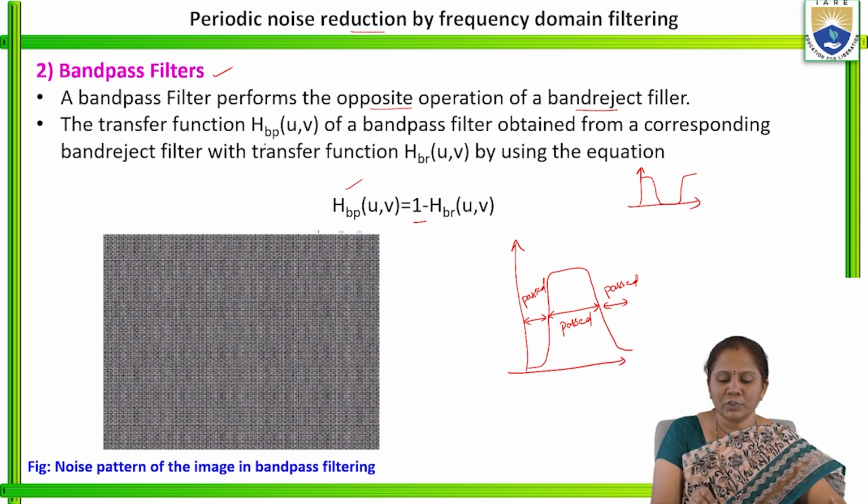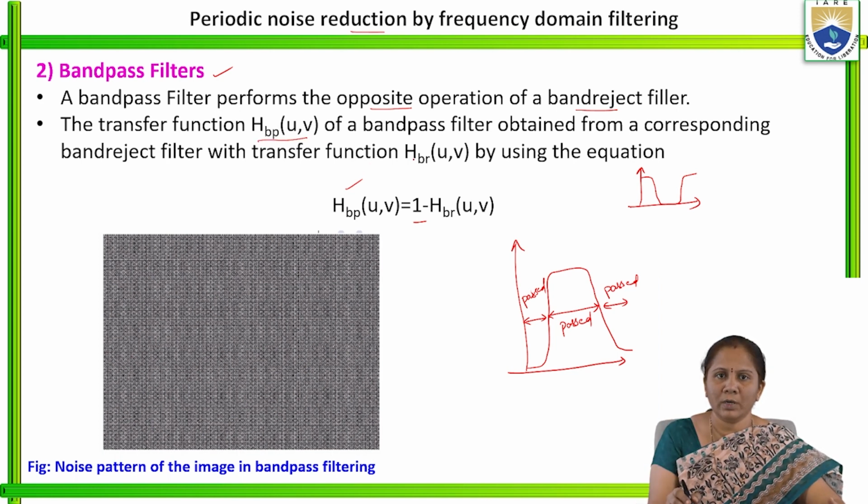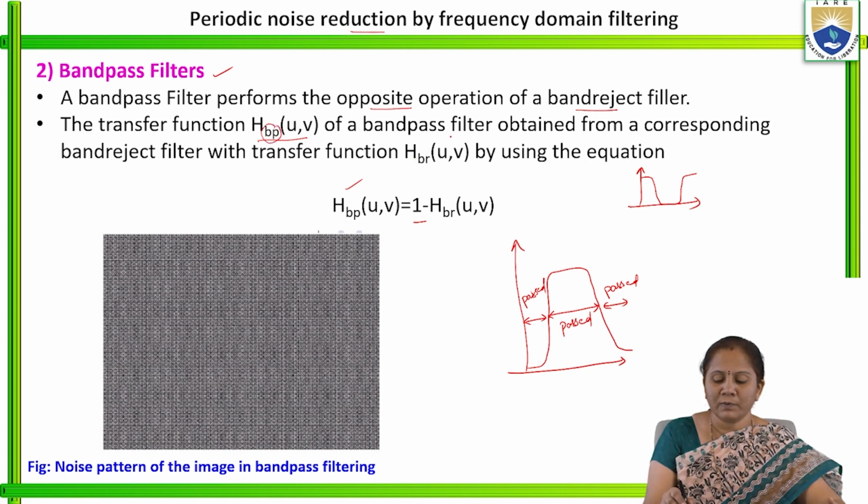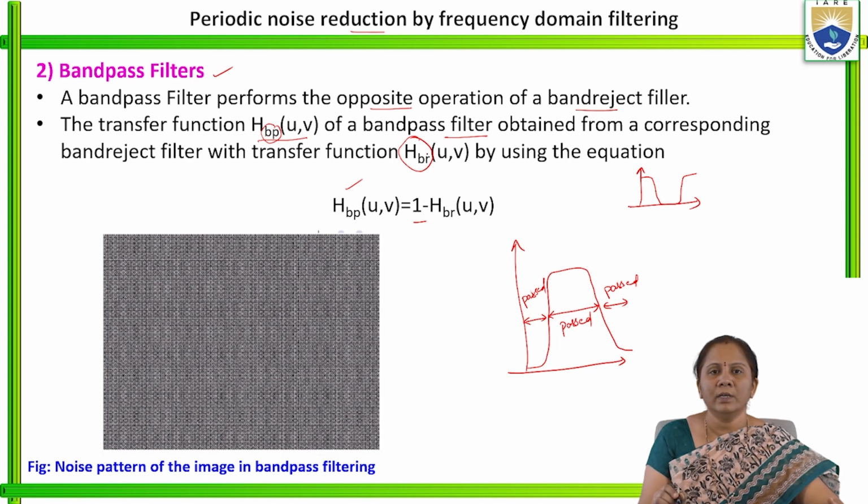So the transfer function H_bp of u comma v. Here bp represents the transfer function of band pass filter, and here H_br represents the transfer function of band reject filter.